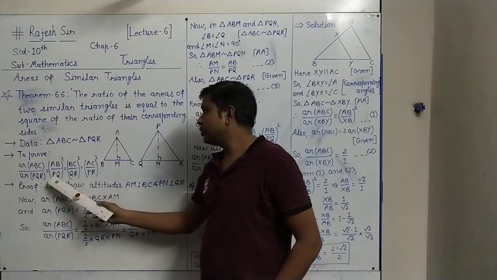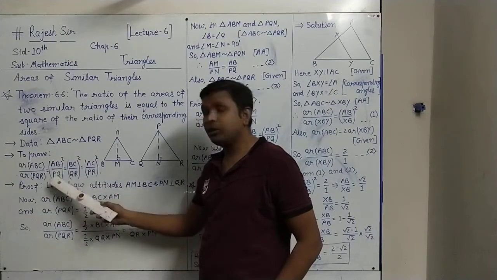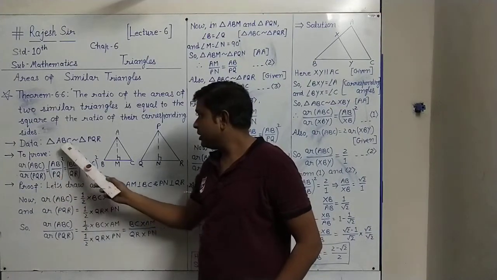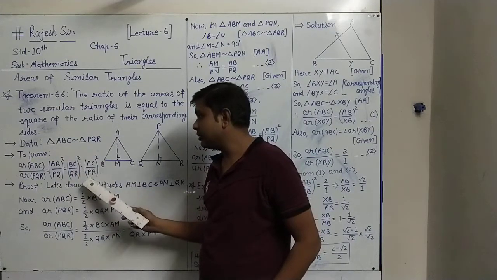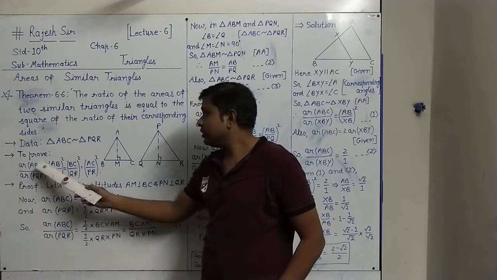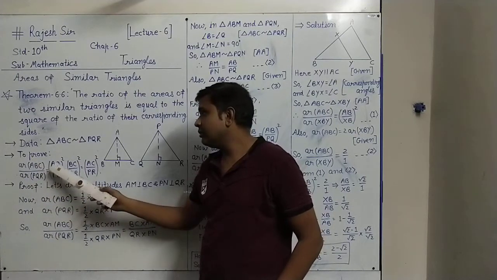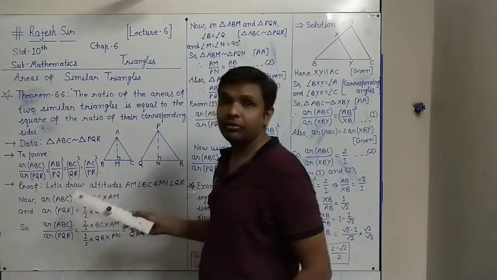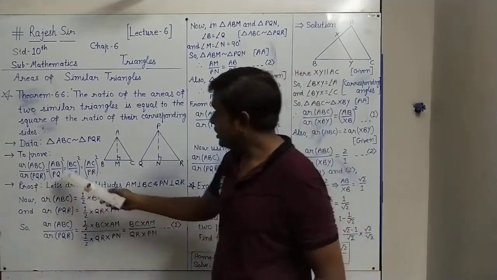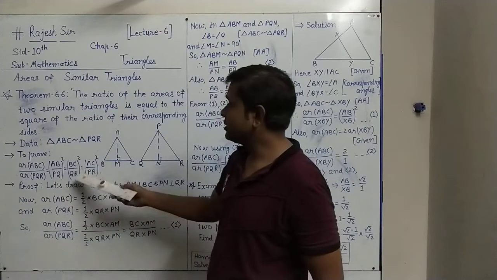AB upon PQ, the ratio of corresponding sides, BC upon QR also a ratio of corresponding sides, AC upon PR the ratio of corresponding sides. So the ratio of the areas is equal to the square of the ratio of the corresponding sides.